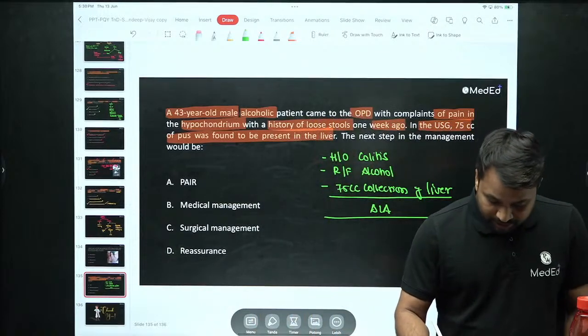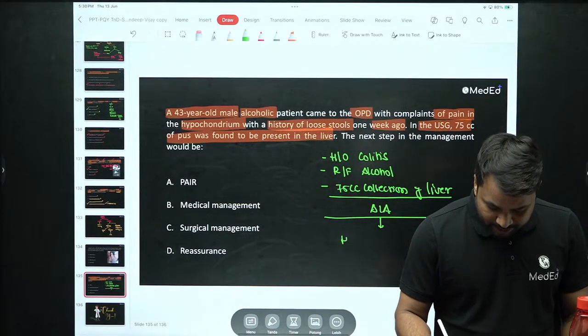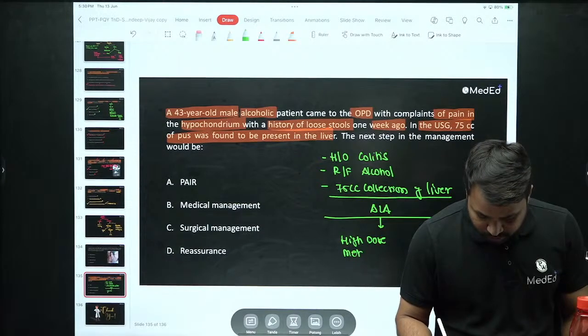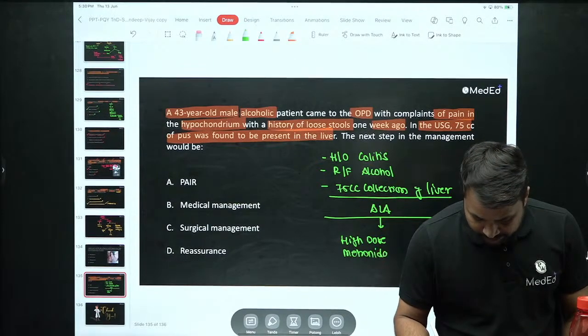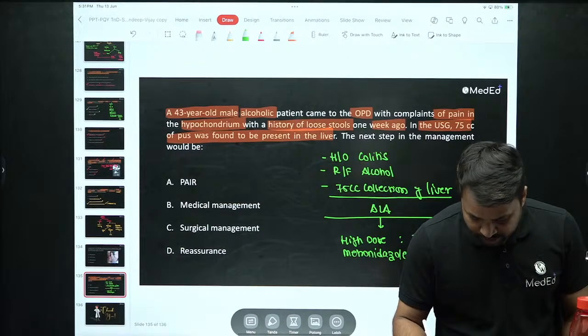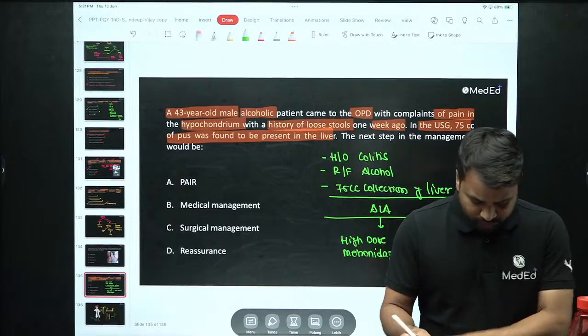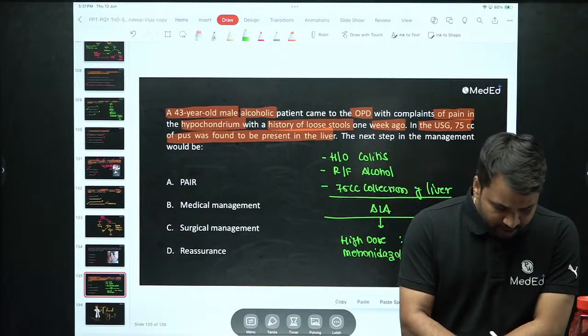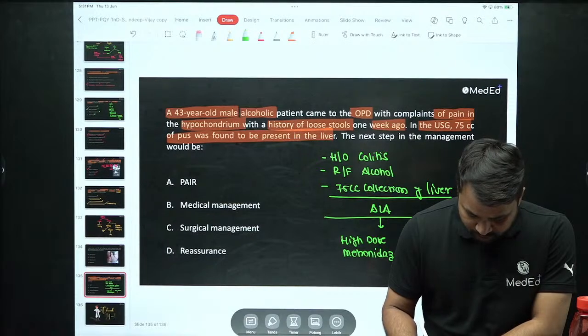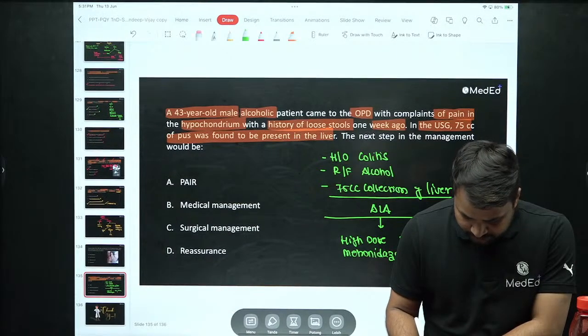So for amoebic liver abscess, the management is high dose metronidazole. When we say high dose, it is 700 to 1000 milligrams per day, that is 700 milligrams given three times a day, TID, for 10 to 14 days. This is the standard.